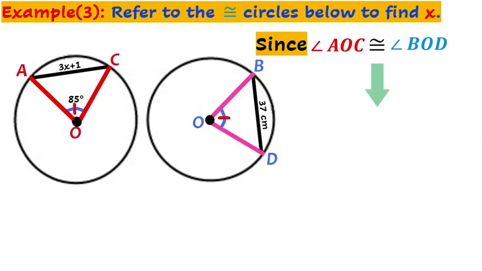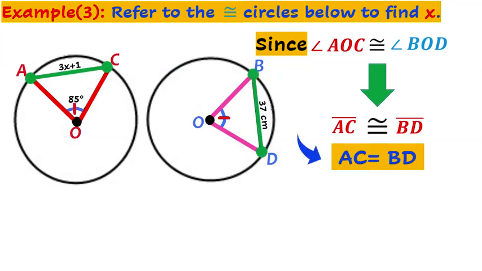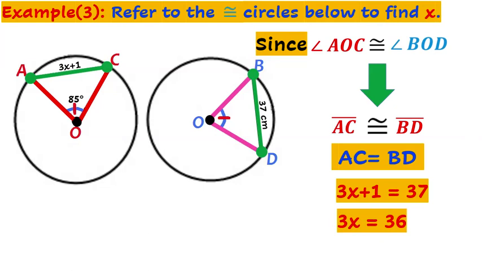Then we will conclude that the chord AC is congruent to the chord BD, which means AC equals BD, and then we replace their values. AC equals 3x plus 1 and BD is 37. We equate them to each other and we solve to get the value of x to be 12.